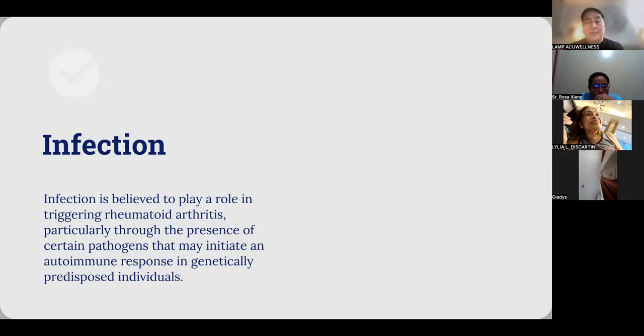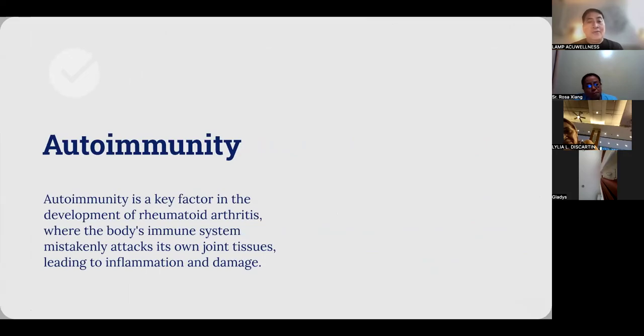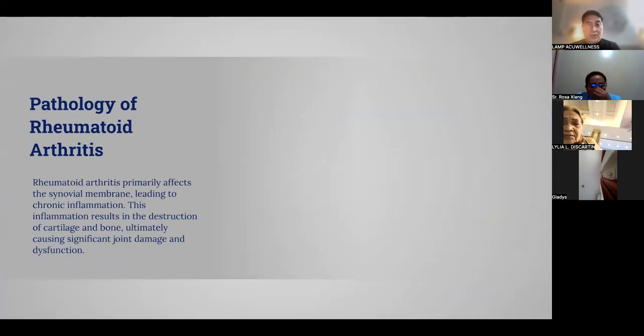So there are people who are probably not too lucky to be born, but they inherited it from their parents, from their ancestors. A key factor is autoimmunity, where the body's immune system mistakenly attacks its own joint tissues, leading to inflammation and damage.